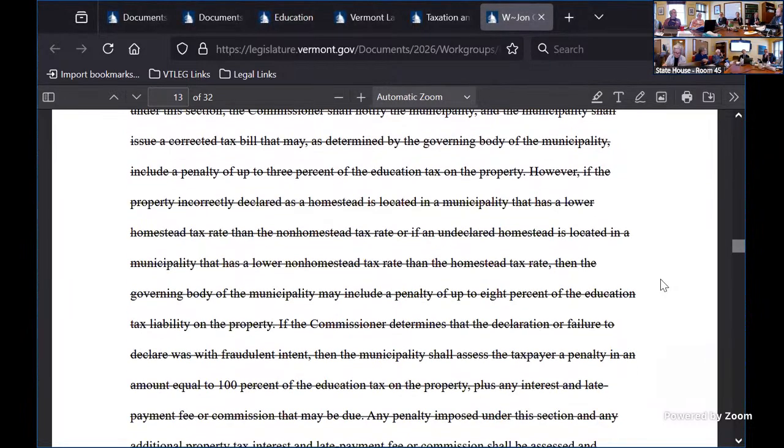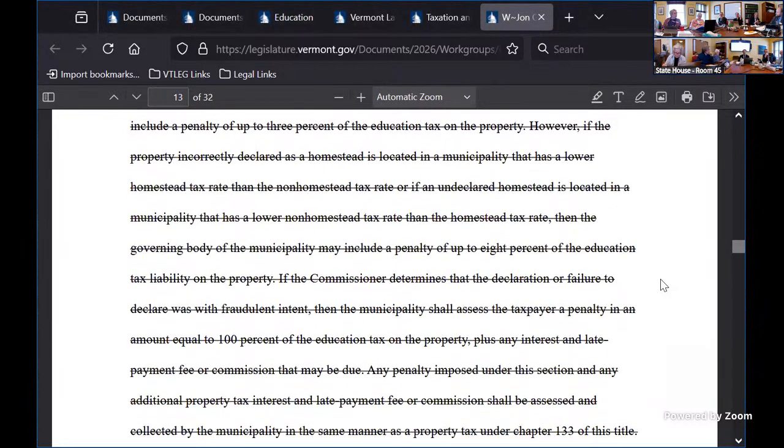And I regularly hear from members who are very aware of people who are purposefully making decisions. Okay. And just to call out, in existing law, there are distinctions between honest and fraudulent attempts. Those that are not deemed fraudulent are subject to this 8% penalty, but for those that are considered fraudulent intent, the penalty is 100% of the education tax. So it's quite significant.